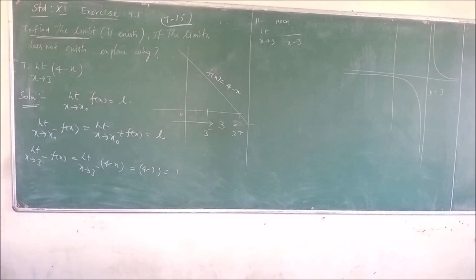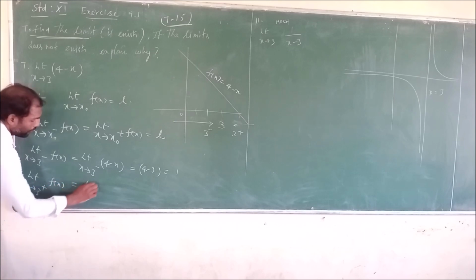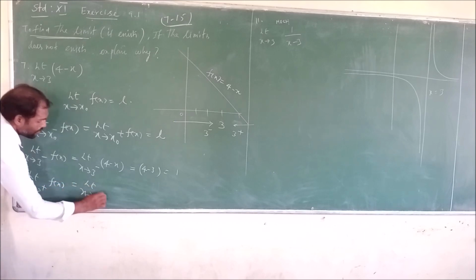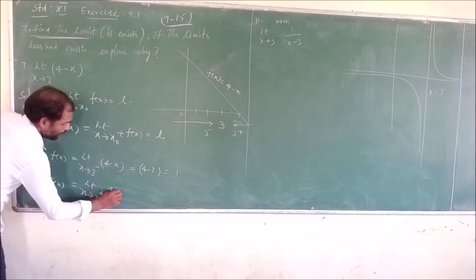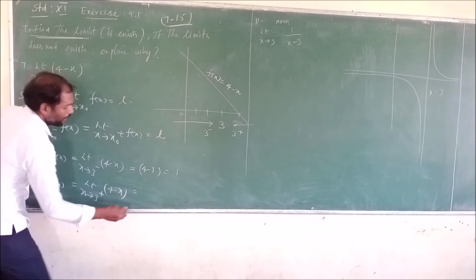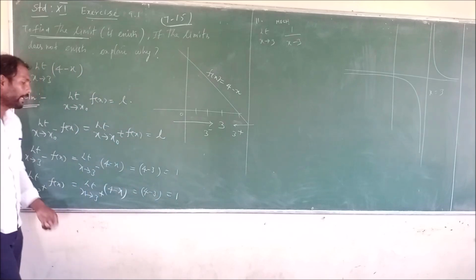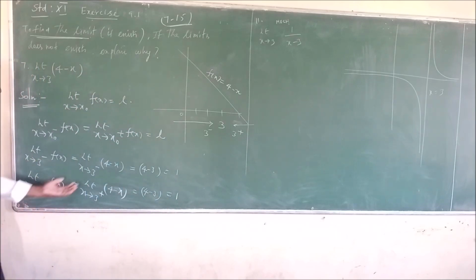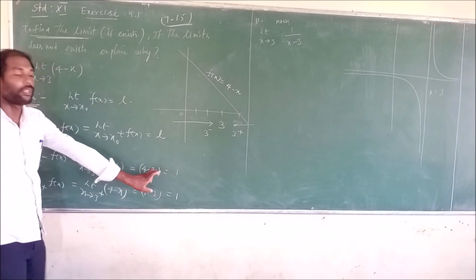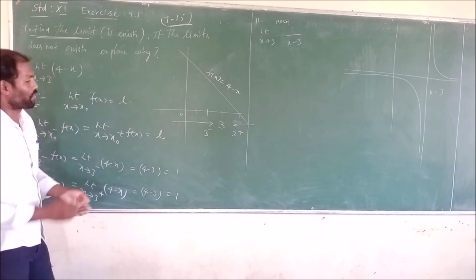Then find the right hand limit, as x tends to 3 plus of f of x, where f of x is 4 minus x, which equals 4 minus 3 equals 1. Then the left hand limit and right hand limit both have value 1 and exist.